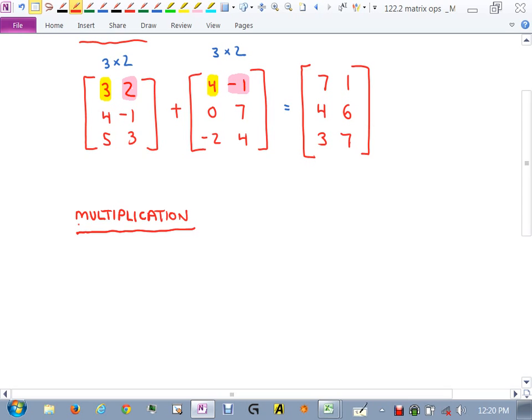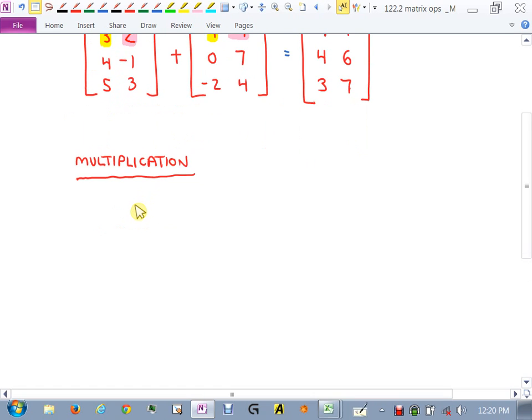What you would hope is that if I multiply these two instead of add, that is, go 3 times 4 is 12, 2 times -1 is -2, right? I mean, that's what you would hope for, just multiply. That's not the way matrix multiplication works, unfortunately.